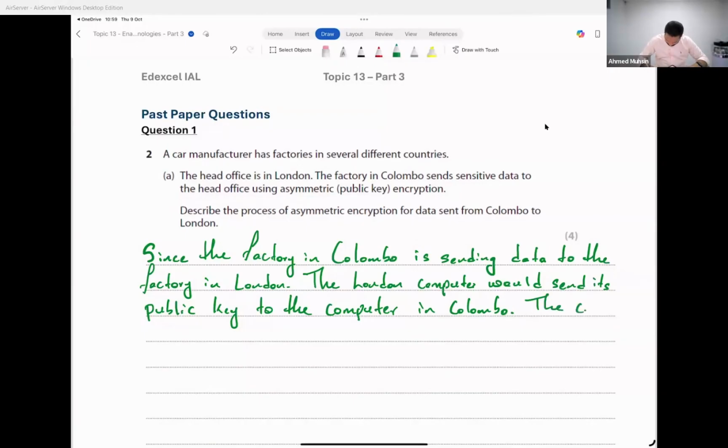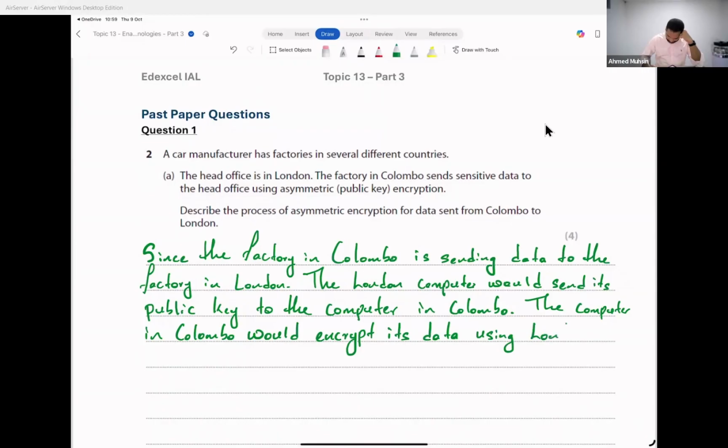The computer in Colombo would encrypt its data using London's public key, and then send the encrypted data to London.